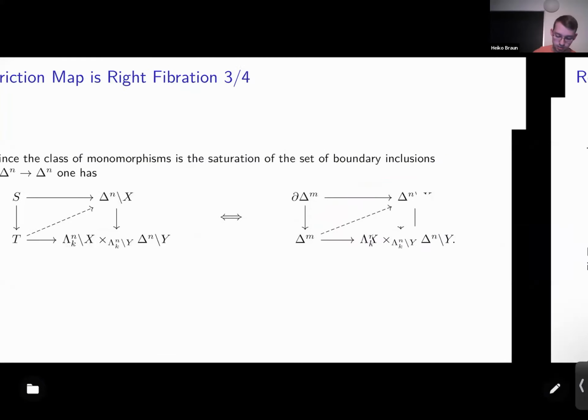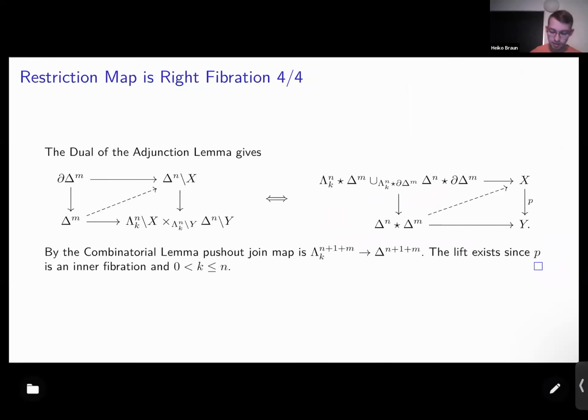And again, using the adjunction lemma, putting everything back gives us this situation. And this is the perfect situation where we can apply the combinatorial lemma. This means that the map on the left is exactly the Horn inclusion of the kth Horn in the n+1+m simplex. And because 0 is less than k and less or equal than n, this will actually be an inner horn.